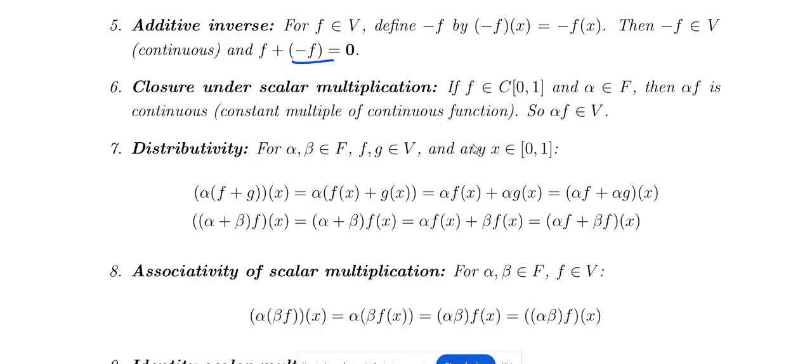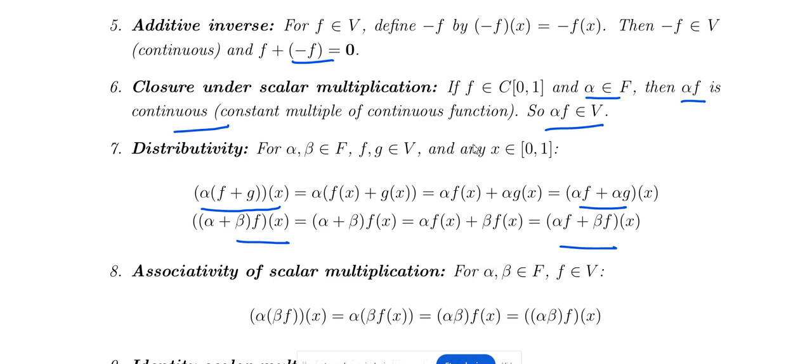And closure under scalar multiplication: for every alpha belonging to the field F, alpha f is continuous, therefore alpha f belongs to V. So alpha plus beta into f of x, and alpha into f plus g of x, are obviously true because alpha f is continuous, by the distributive property.